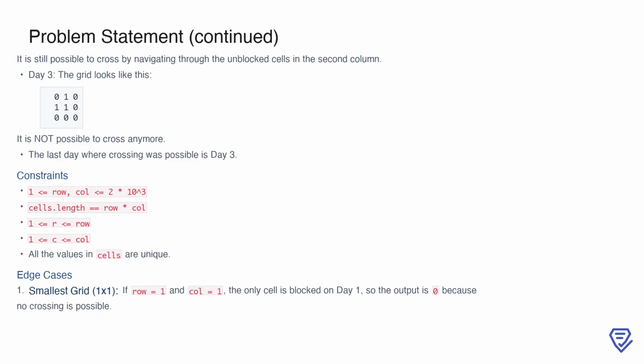However, as more cells continue to be blocked in subsequent days, the connectivity between the top and bottom rows is eventually severed. On day 4, for example, all paths are completely obstructed, making it impossible to cross the grid. The last day where crossing was possible is therefore day 3. This example illustrates how the problem scales with larger grids and highlights the need for an efficient algorithm to determine the last day of connectivity.